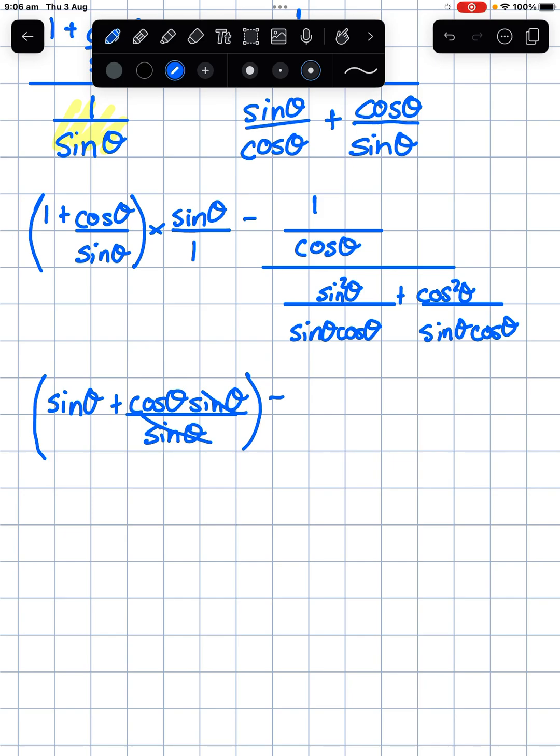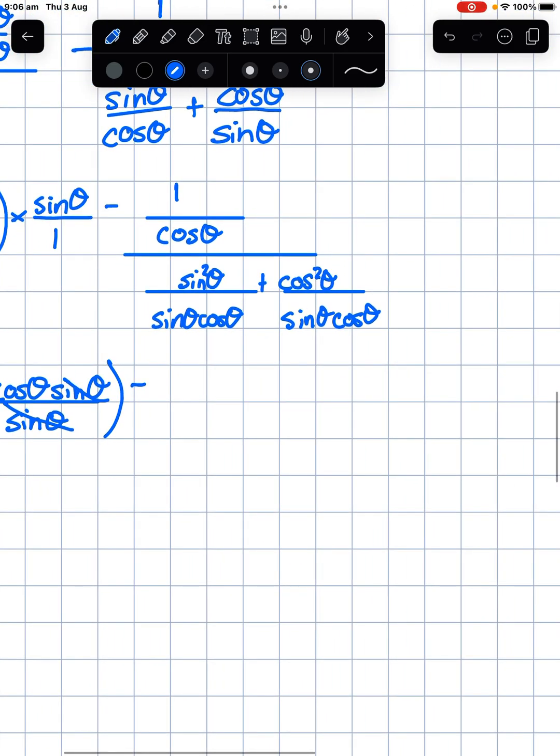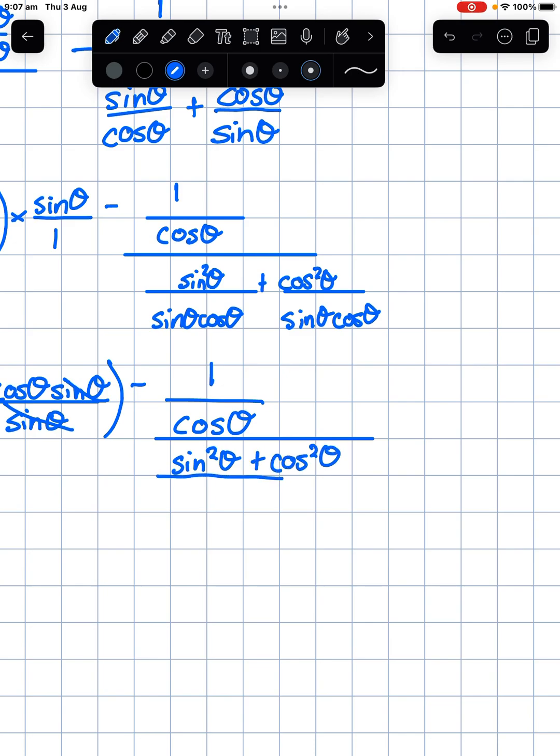And then we've got this one here, minus. I'm going to leave this as we have, just because we're going to get rid of a bit of stuff on the bottom and then we can multiply. So this is now going to be sine squared theta plus cosine squared theta all over sine theta cosine theta.